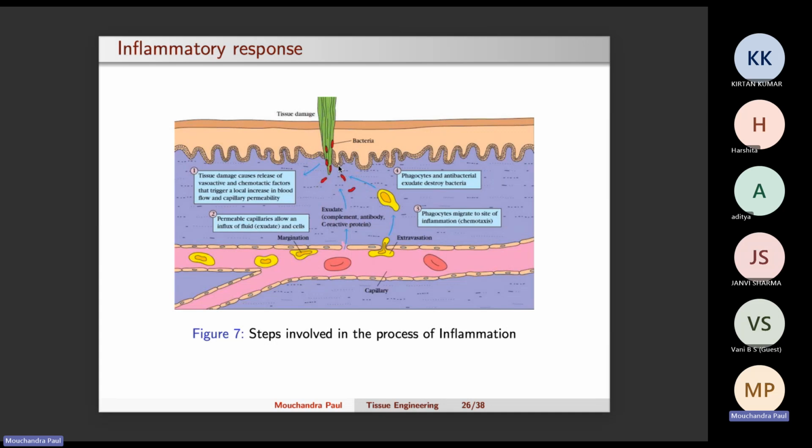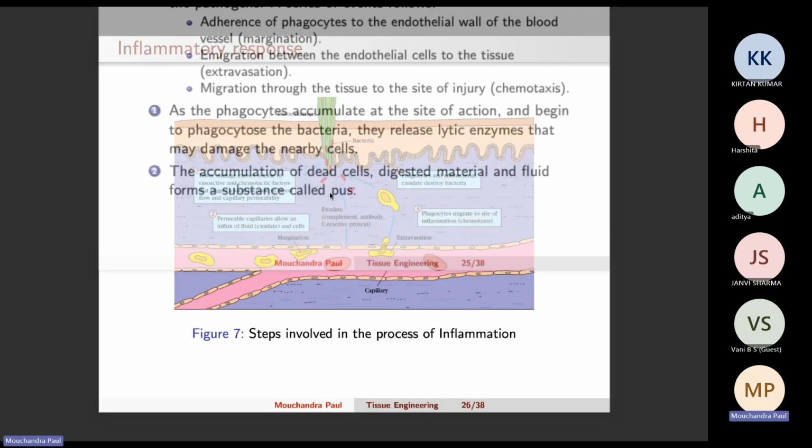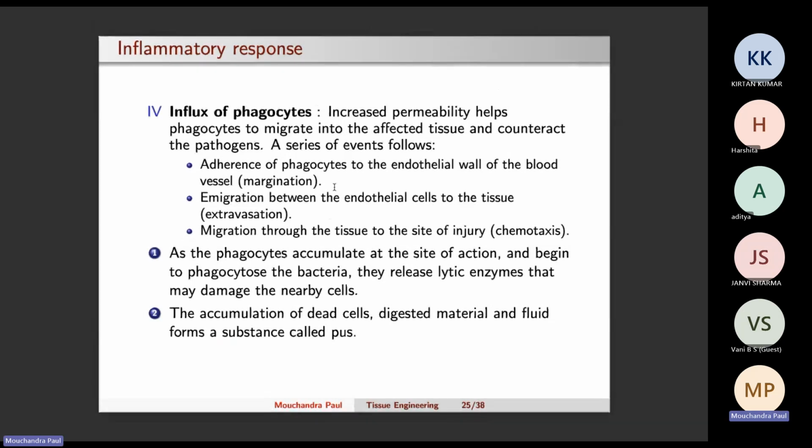In this way, the main components of innate and adaptive immunity come together at the site of injury and do their respective functions. So margination is happening of the phagocytes. Then extravasation means they will try to migrate in between the endothelial cells.